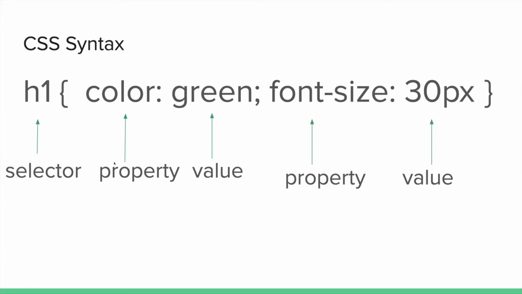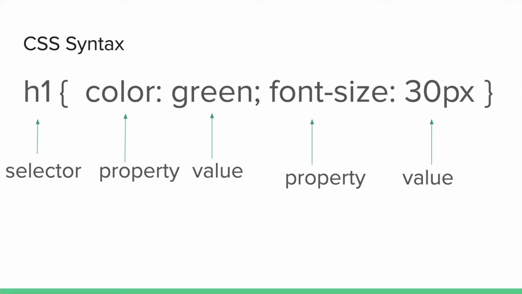In this example, we have a property, which is color, and then we have a value that defines what the property will be. We're defining the color of our selector as green. And then we have another set of properties and values. One thing I didn't add on this slide is that sets of properties and values are also referred to as declarations.